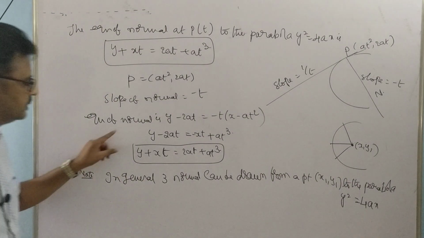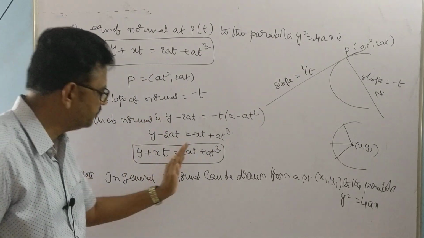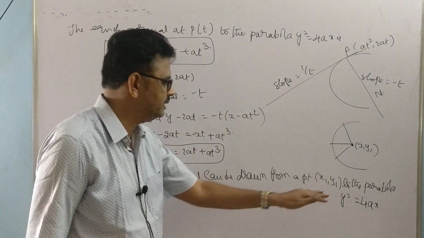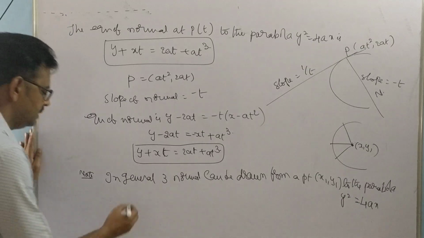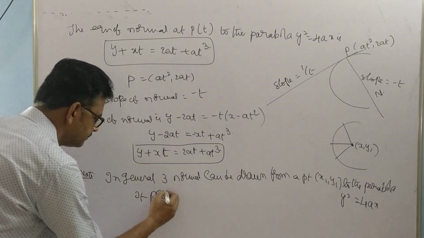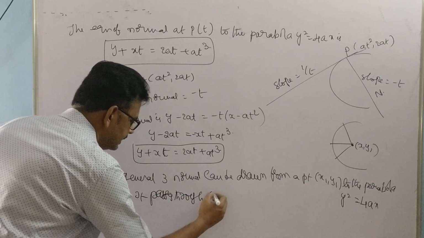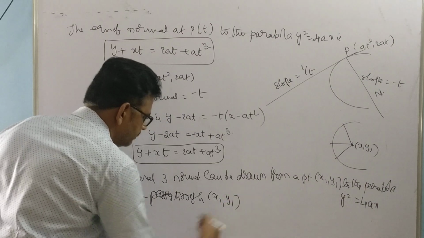Okay, so this is the general equation of normal at the point t. Suppose the normal passes through the point x1 comma y1.